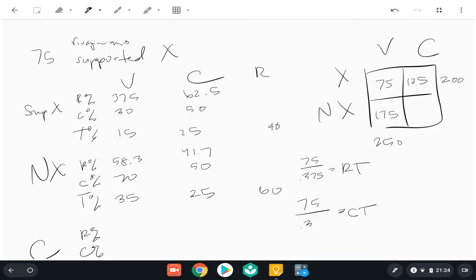Okay. I can do the same thing for 125. 125 is 30%. No, 125 is 50% of the column. Well, that's pretty easy. So 125.